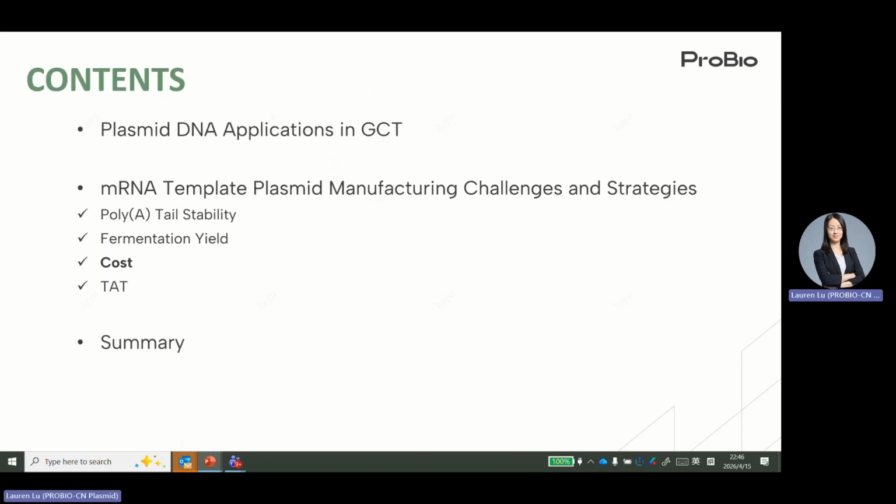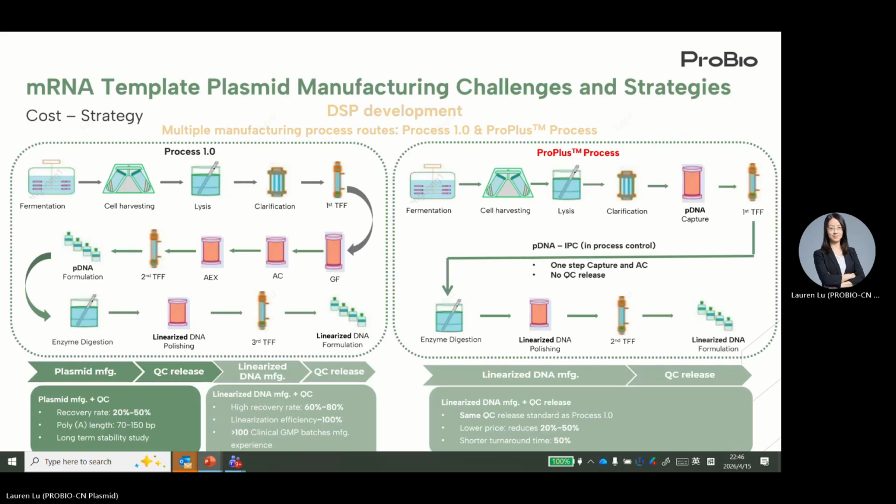And in the next slides, I'm going to give another case study on how to reduce the cost of the plasmid DNA used for mRNA application. Here we show two different processes, process 1.0 and the ProPlus process. ProBio has upgraded our traditional process 1.0 to the ProPlus process.